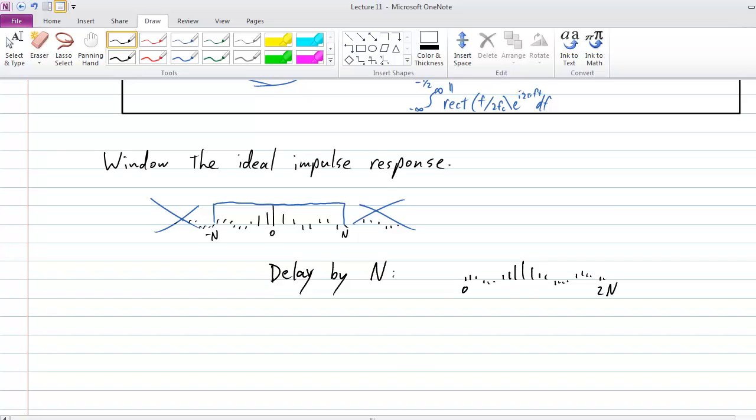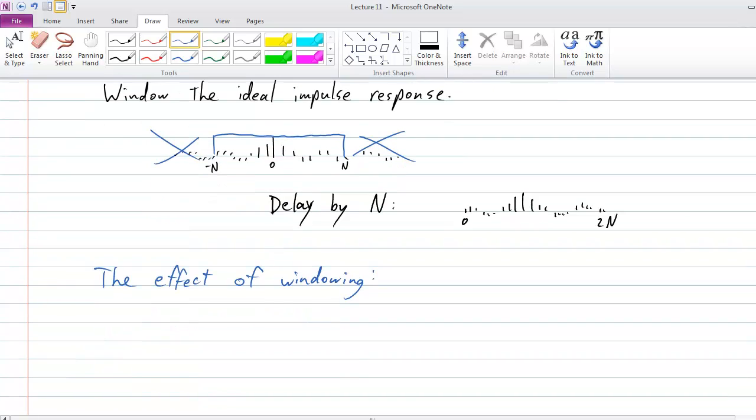Because we started with a low-pass filter and then we changed it, right? So the effect of windowing is that we had our ideal low-pass filter, h of n, and we multiplied it by, in this case, a rect.